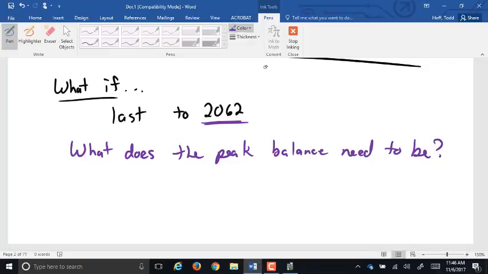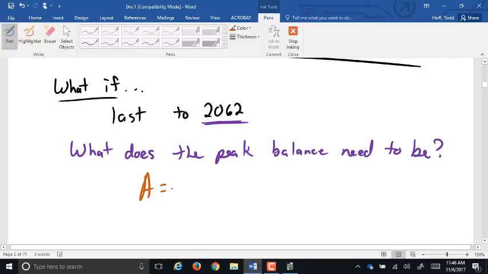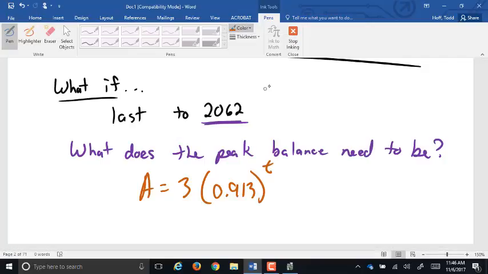So what they're asking us to do is adjust this model. Now this model only has 2 numbers in it. We have the 3 and the 0.913. Which one of those numbers represents a peak balance?